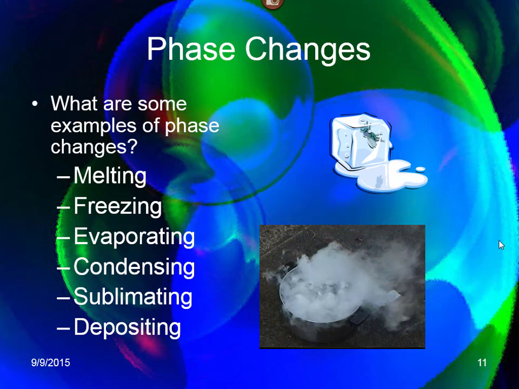Notice how I kind of read them in pairs. Each phase change has an opposite pair, so freezing and melting go together. Condensing and evaporating go together, I'm sorry. Sublimating and depositing go together.